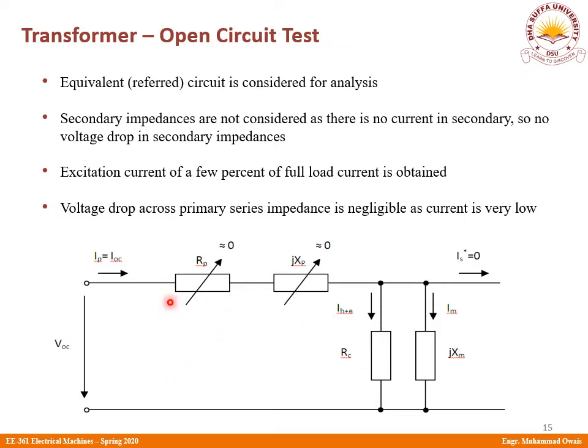Okay, so this circuit will simply be just the excitation branch. ठीक है, ये चीजें आपको यहाँ पे बताई गई. और चूंकि ये करंट जो हमारे पास होता है, this is just a few percent of full load current. ठीक है, as you can see here, just a few percent of my full load current.